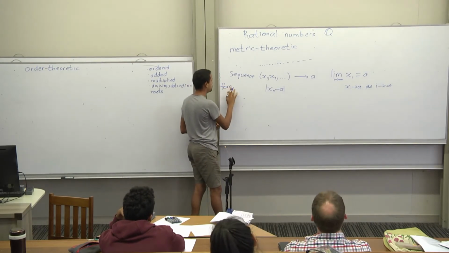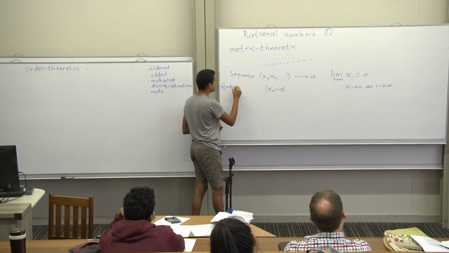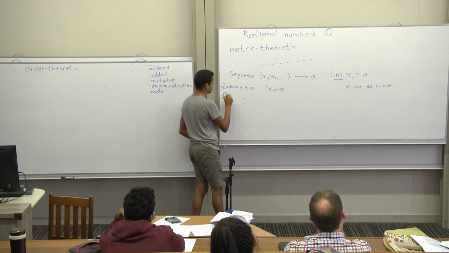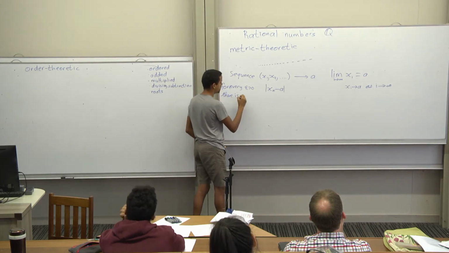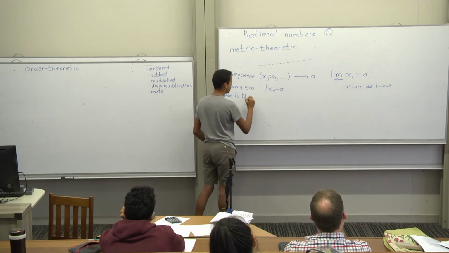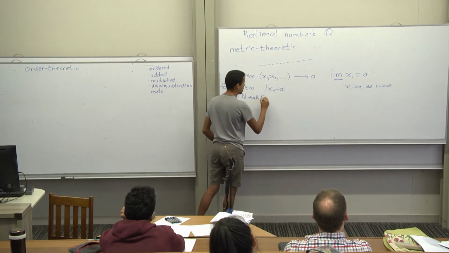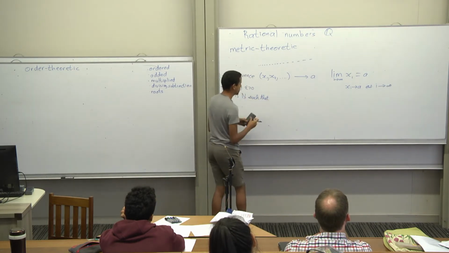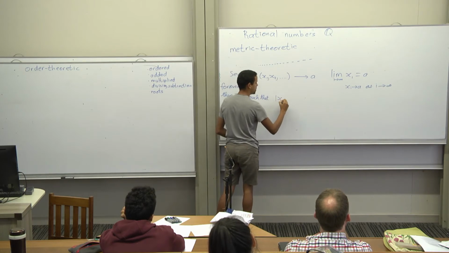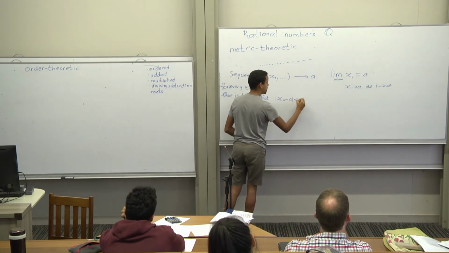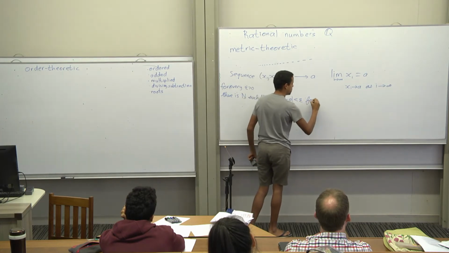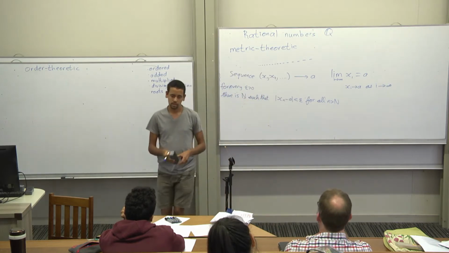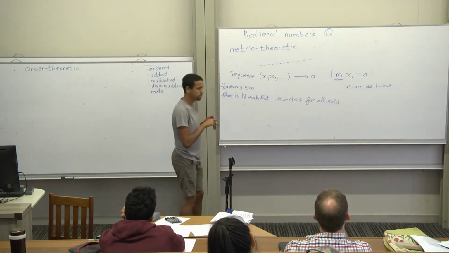For every epsilon greater than 0, there is some natural number N such that this difference is smaller than epsilon for all n greater than N. The first time you read that, it looks very confusing.